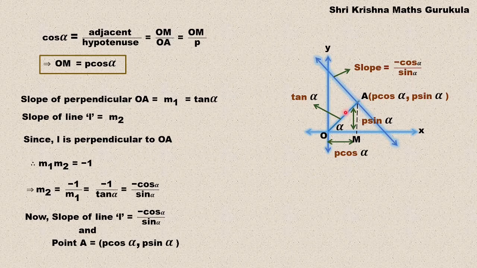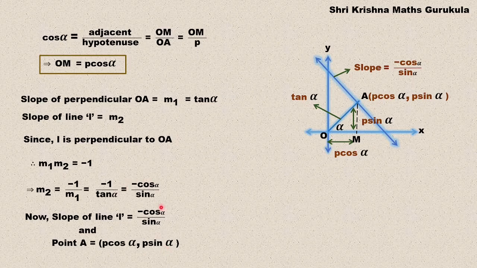From data we know that these two are perpendicular lines, and we'll use the concept that if any two lines are perpendicular, then product of their slopes will be equal to minus 1. Using that concept, we will find the slope of the line L, and we will write this in terms of sin and cos only because our point A has the coordinates in terms of cos alpha and sin alpha.